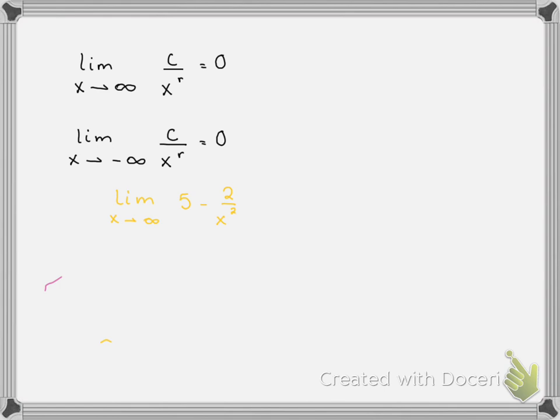The second term is 2, the c value, over x to the r, where r is 2. Because dividing 2 by infinity gives us 0, the limit as x approaches infinity is just 5, because 5 minus 0 is equal to 5.